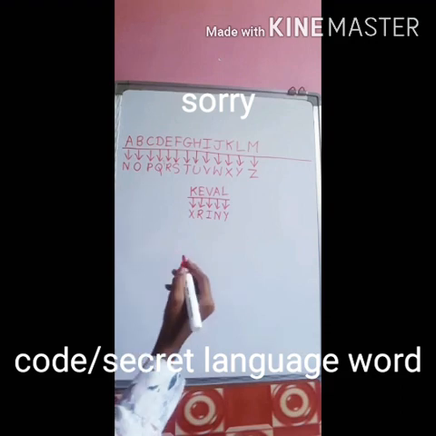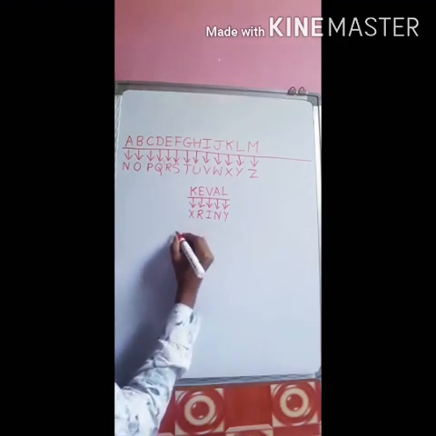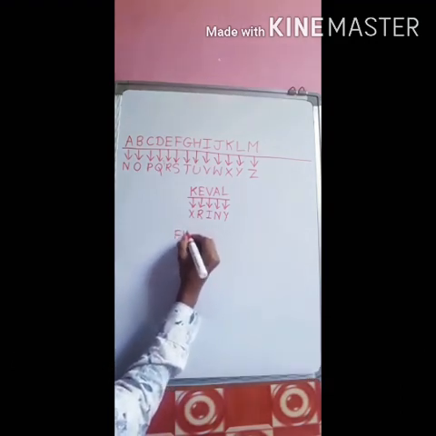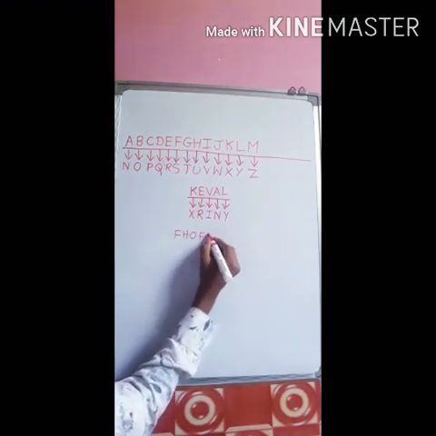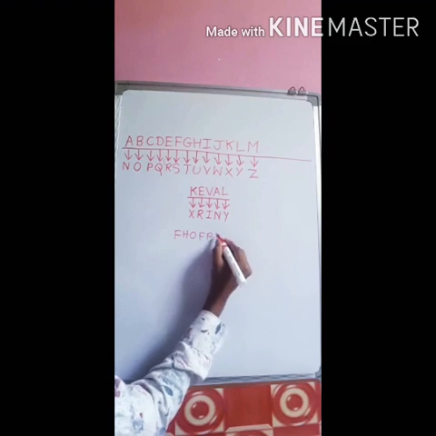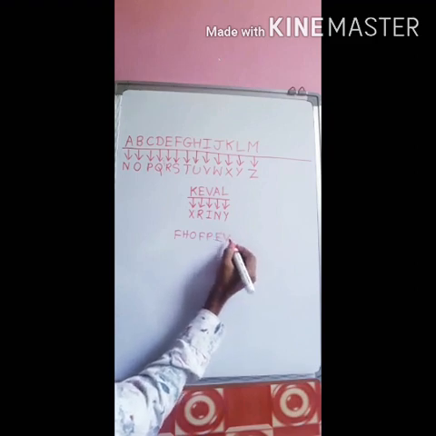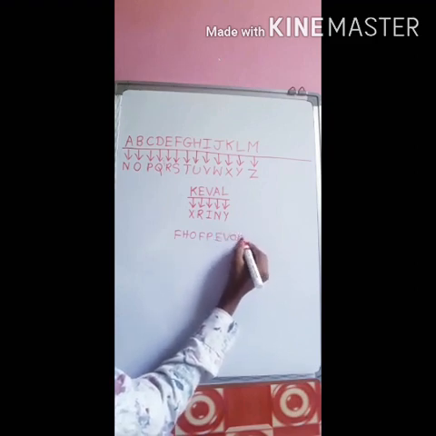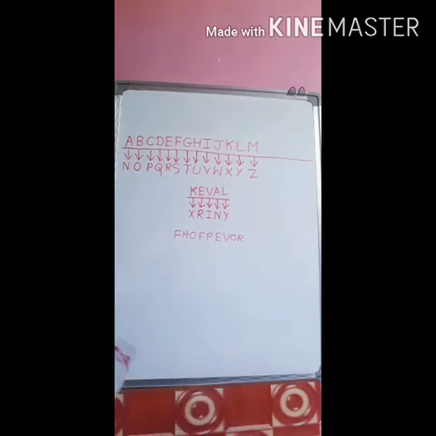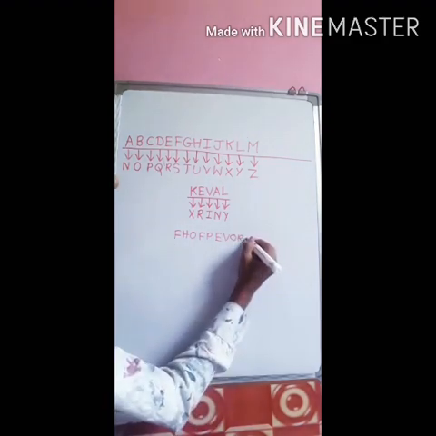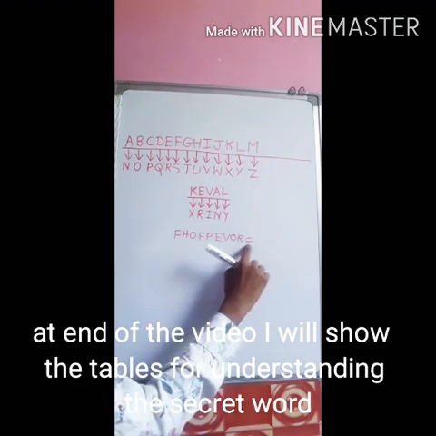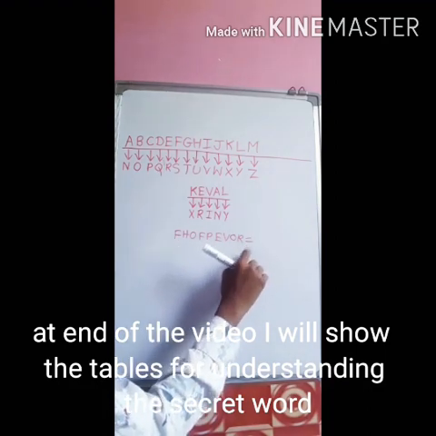Now I will write here F H O F P E V O R. Now friends, you have to take a screenshot, and after that you have to understand which word this is equal to. This is the code language word. You have to tell me the original word.